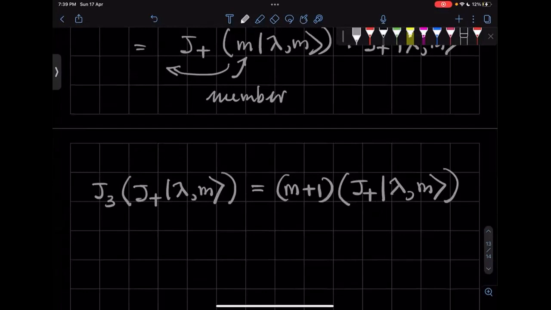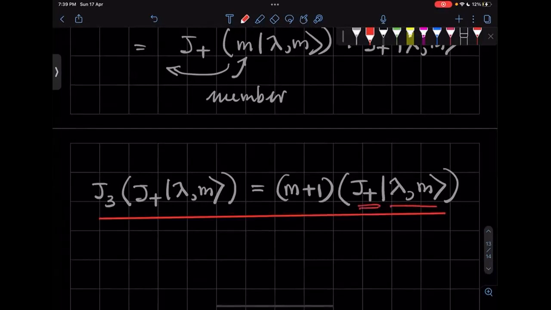So this is an important equation. What does it mean? It means that if I apply J plus on a state, its J3 eigenvalue increases by 1.